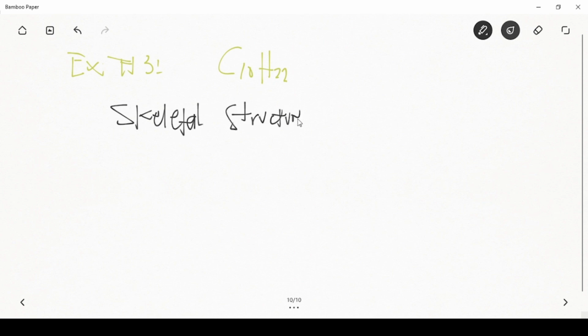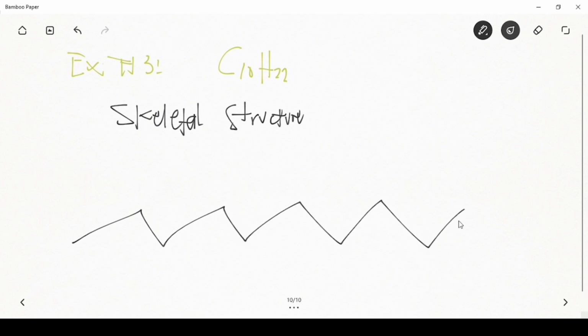Okay, so in getting the skeletal structure, you must draw something like this. Now, let's check if it is already equivalent to C10H22. So, in order for you to check if it is correct, you must identify the number of carbons. So, there are 10 carbons in C10H22.